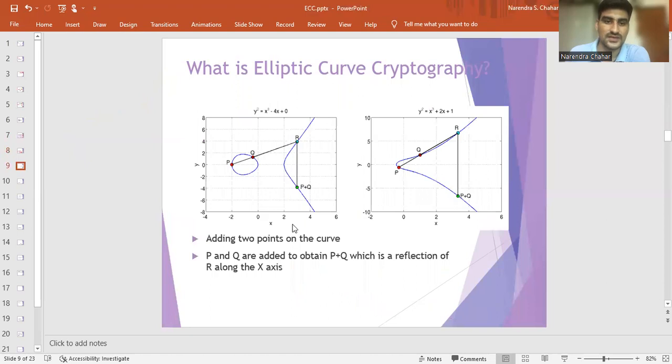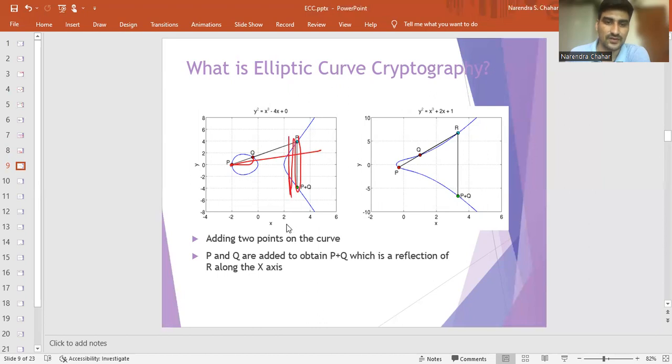Now, when we see two points P and Q being added here, to obtain the result we take the reflection along the x-axis. So we are adding this, and taking the reflection of this about the x-axis.